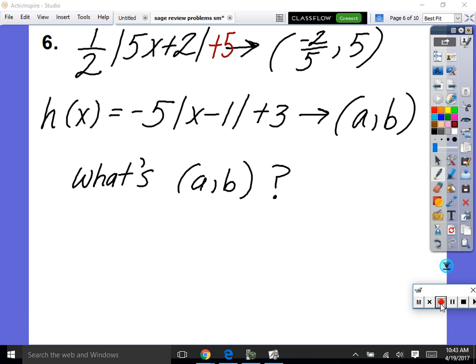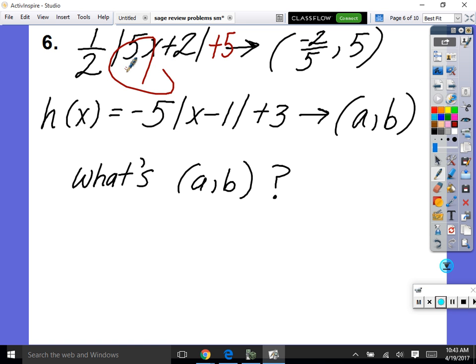Guys, can't you see that this is obviously the vertex? If you don't know what the vertex is, yes you do. Otherwise we need to go talk to Miss Burton. Vertex is the lowest or highest point of a quadratic or any function really, right? So don't we know that shifts for all functions work the same?